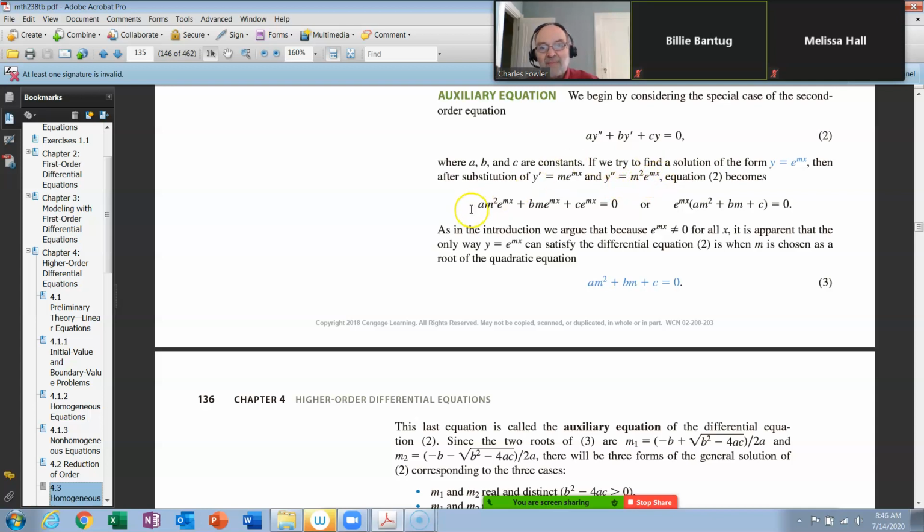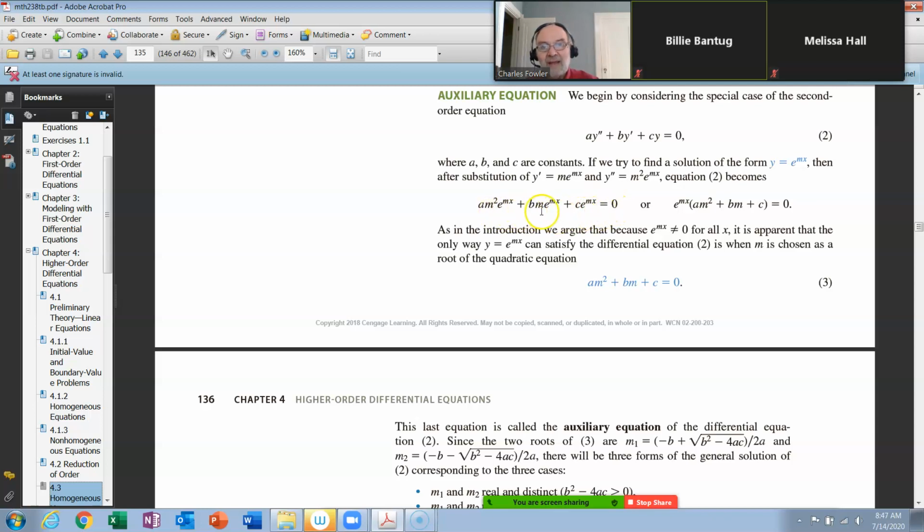Then when you plug that back in, you have a times m squared e to the mx, plus b times m e to the mx, plus c times e to the mx, is equal to 0.